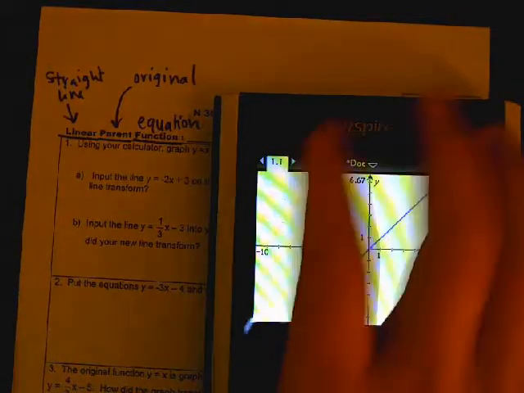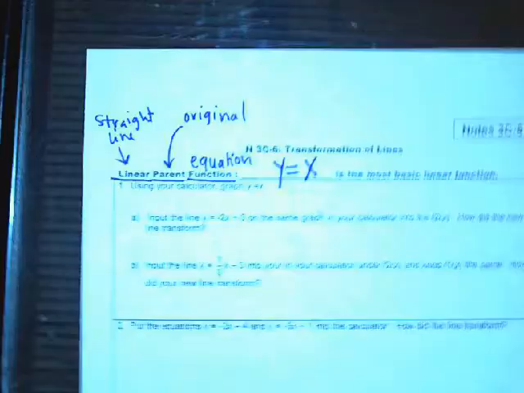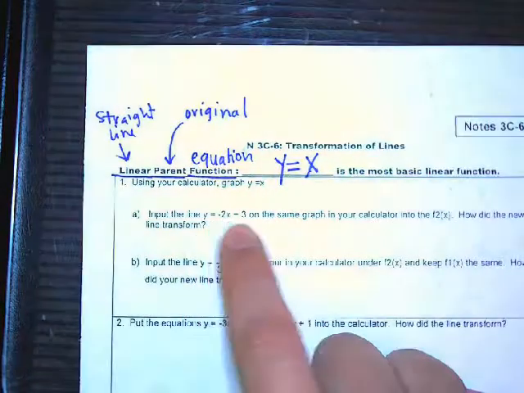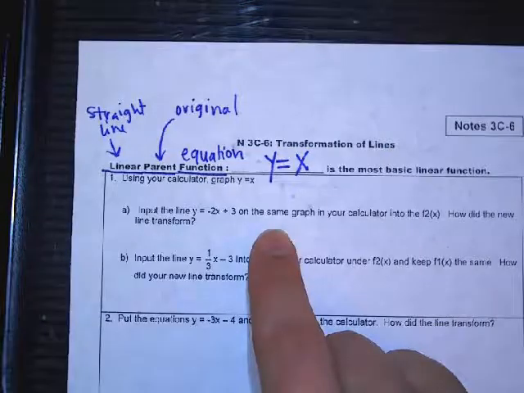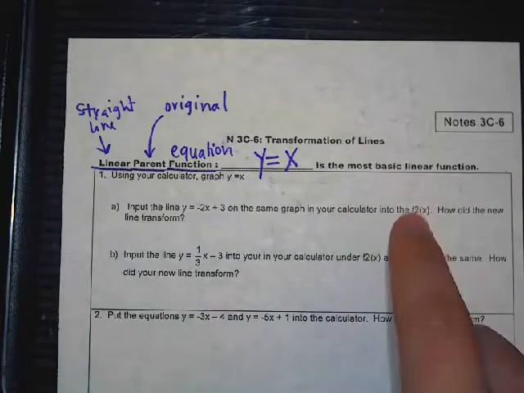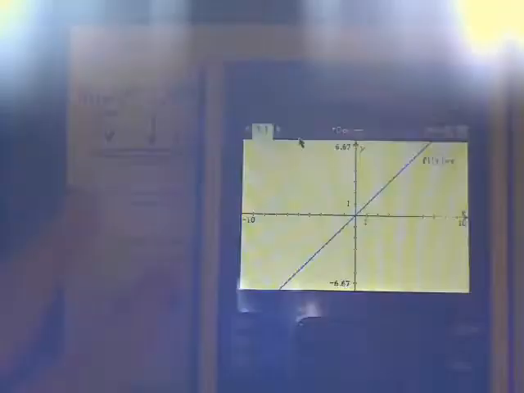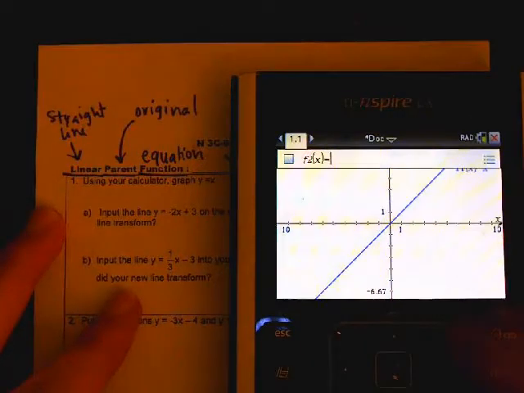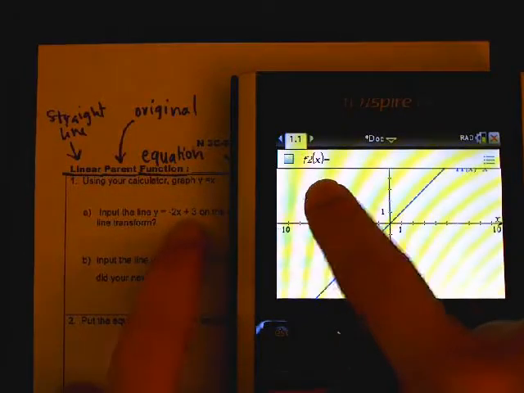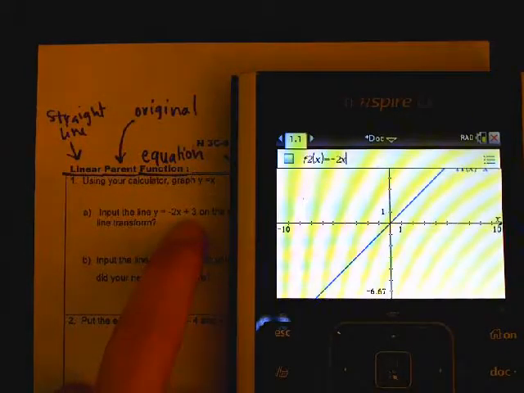Now it says for A, input the line y equals negative 2x plus 3 on the same graph in your calculator as f of x. How did the new line transform? Okay, so now I'm going to go back here. Okay, so hit tab. And we're going to put this new equation, negative 2x plus 3, on the same graph.